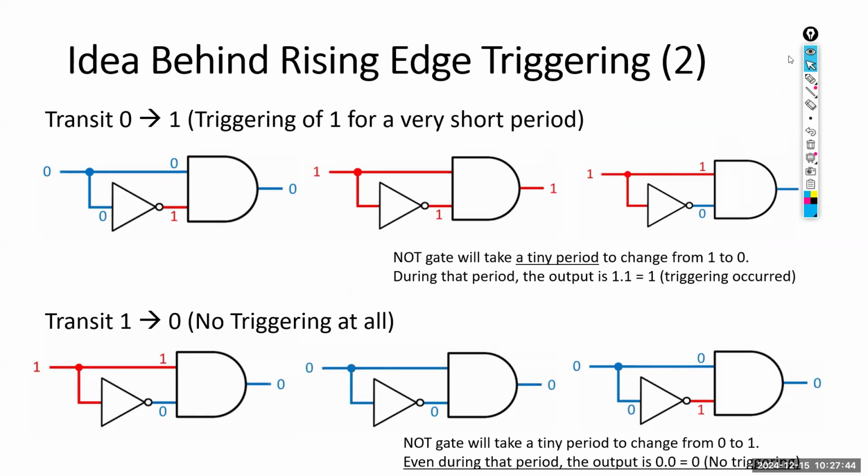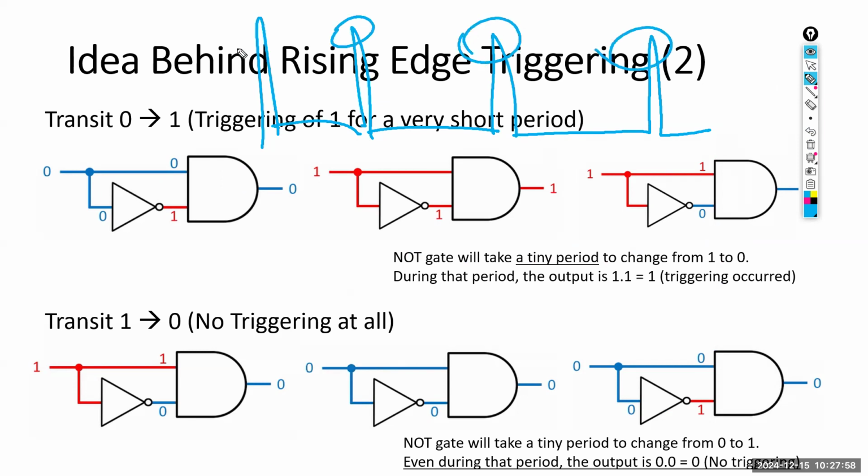But those ones are not going to stay. They just go like that and stay there. And we want to make sure that our circuit responds only at these very short period pulses. So actually what I explained to you is a rising edge.